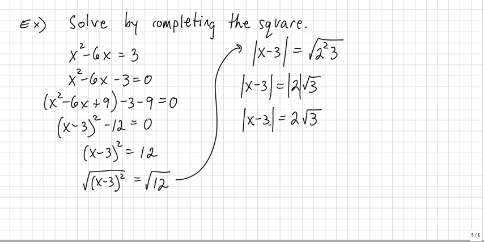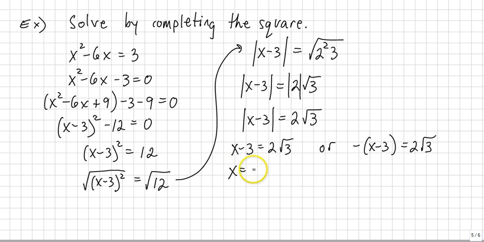And we learned way back in the day that when you take the absolute value of a variable equals a constant like this, what's inside the absolute value, which is x minus 3, is either itself, which is x minus 3, or the opposite of itself. So this equation always splits up into two equations.